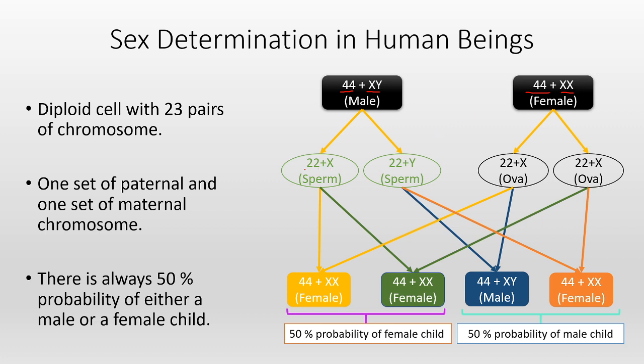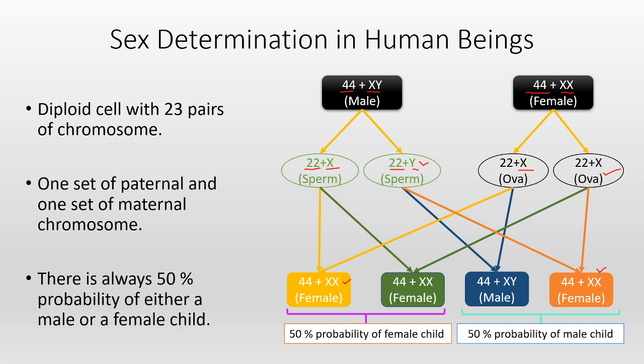Similarly, the sperm contains 22 autosomes with X or 22 autosomes with Y chromosome, but all the female gametes contain 22 autosomes with an X chromosome only. So when a sperm containing an X chromosome fuses with an egg containing an X chromosome, it gives rise to a female, whereas when a sperm containing a Y chromosome fuses with an egg containing an X chromosome, it gives rise to a male. So in all of these cases, there is a 50% probability of the child being male and a 50% probability of the child being female.